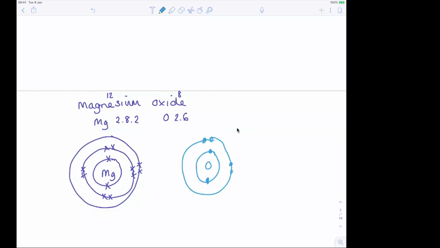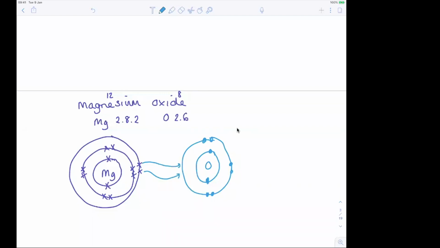That's so messy. Okay, this is a nice straightforward example again. Hopefully you can see that oxygen needs 2 electrons, magnesium is happy to give away 2. So those electrons are going to be transferred from the magnesium to the oxygen.